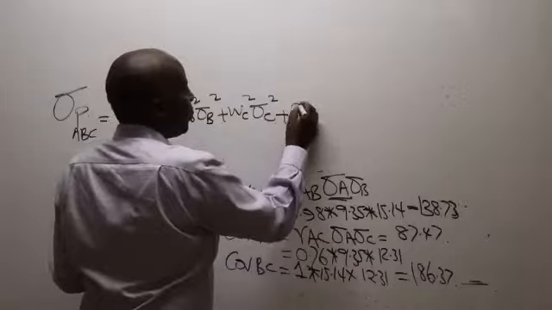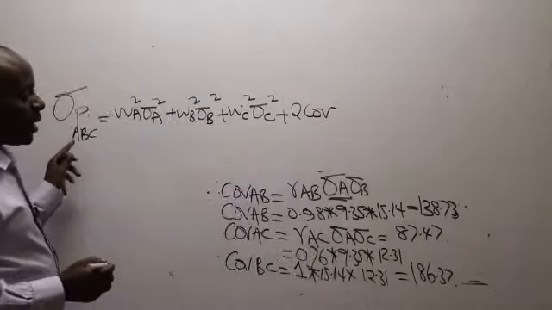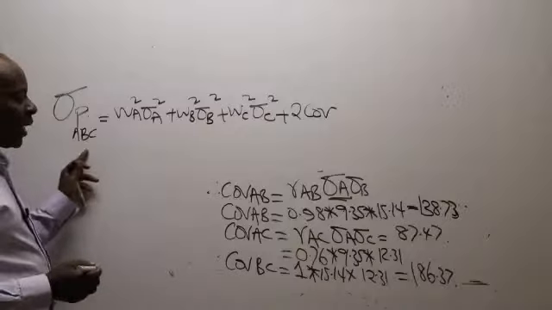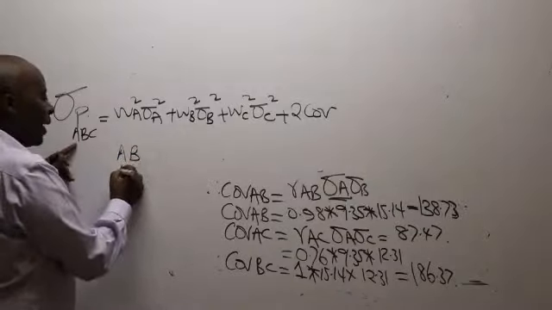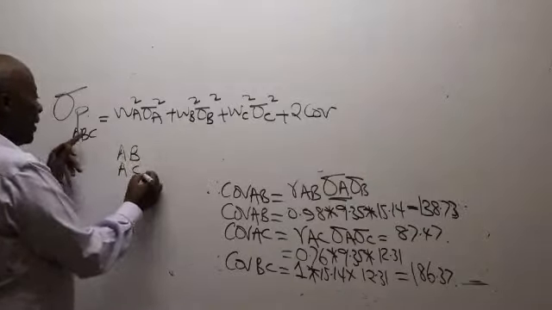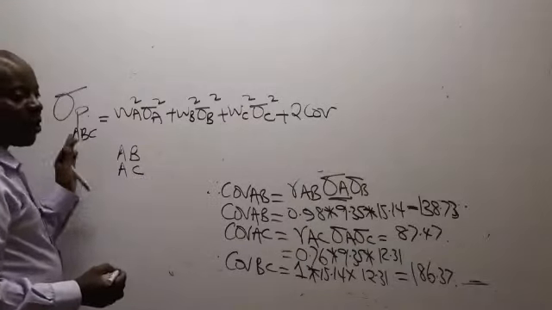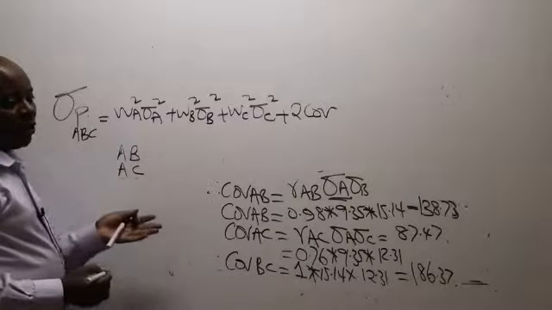Now plus 2 covariance, the first pair. Remember here we have 3 pairs. Which pairs do we have? We have pair AB, pair AC, and then BC.